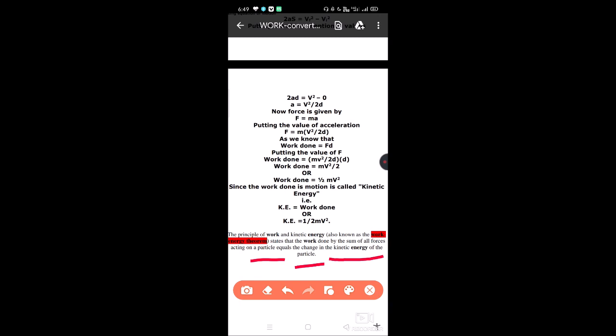And here the object is moving in horizontal direction, so there is no possibility of changing the energy to potential energy. So the total force we are applying is fully converted into kinetic energy. And we can derive the work energy theorem using the laws of motion, that is v square is equal to u square plus 2as.